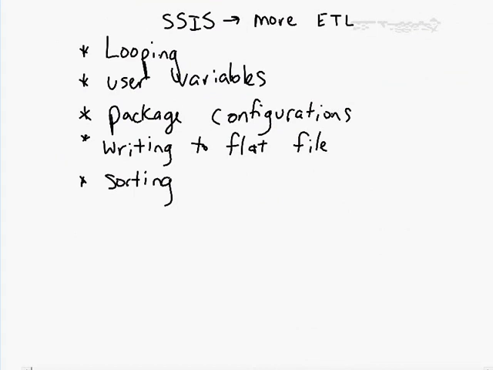Once we created a variable for the file name, we could also create a variable for the directory name, so we didn't have to hardcode that as well. We took this one step further and we created an XML-based package configuration. Going through that wizard, it creates the skeleton XML. Then we went into our text editor and modified our XML, adding in the static information.